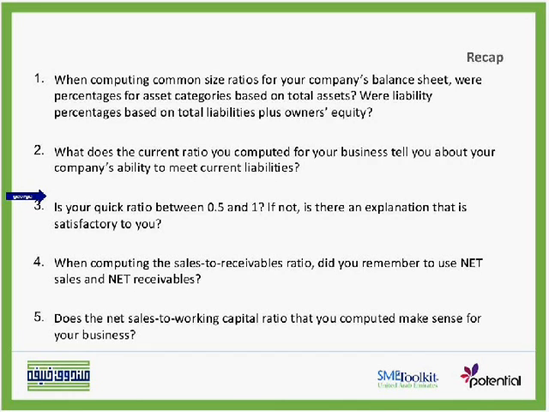Number 3, is your quick ratio between 0.5 and 1? If not, is there an explanation that is satisfactory to you? Well, a quick ratio is nothing but the current ratio minus the inventory.